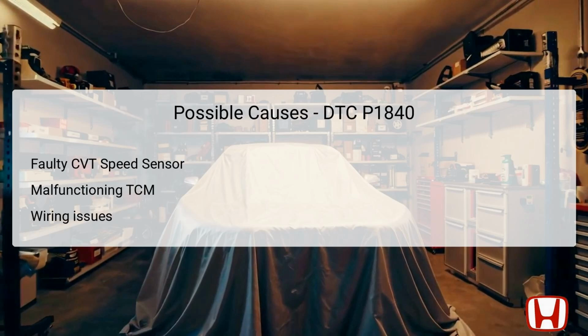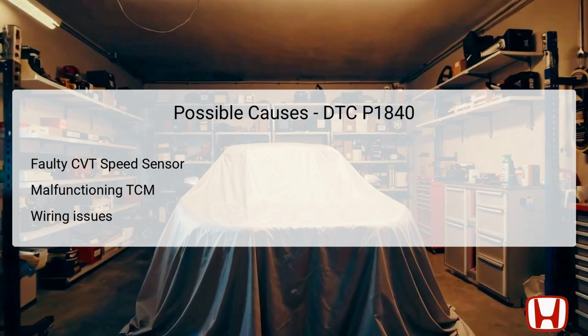Several possible causes may lead to the DTC P1840 being stored. Firstly, a faulty CVT speed sensor is a primary suspect. Wear and tear or internal failures can lead to unreliable sensor readings. The second cause could be a malfunction in the TCM itself, which may misinterpret normal sensor signals, resulting in an erroneous code.